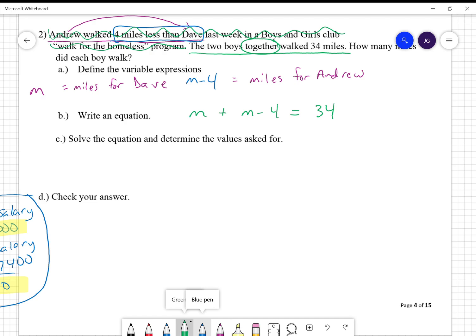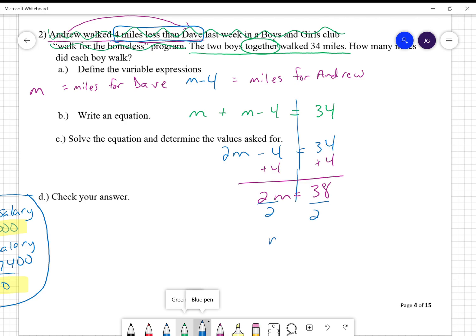In part C, I'm going to solve. M plus M is 2M. Add 4 to both sides. Divide by 2. M equals 19.